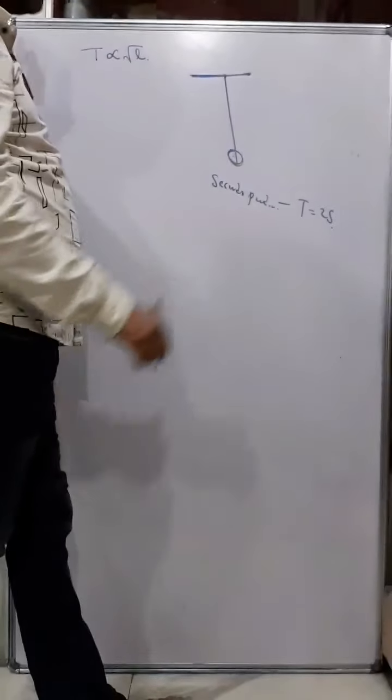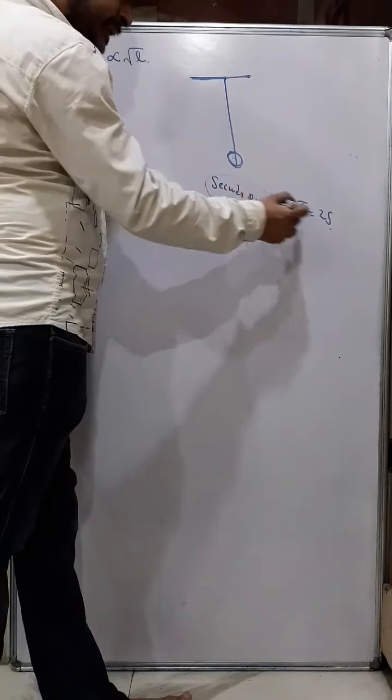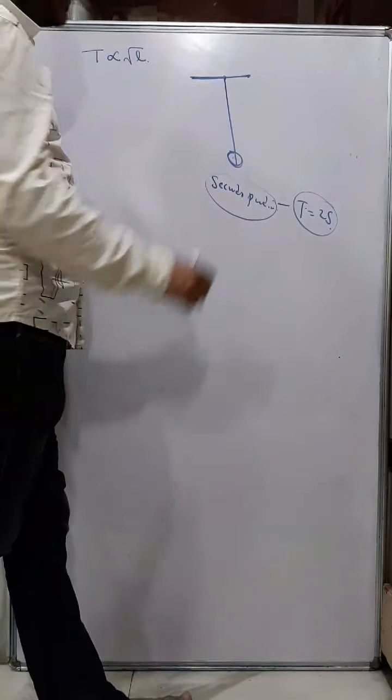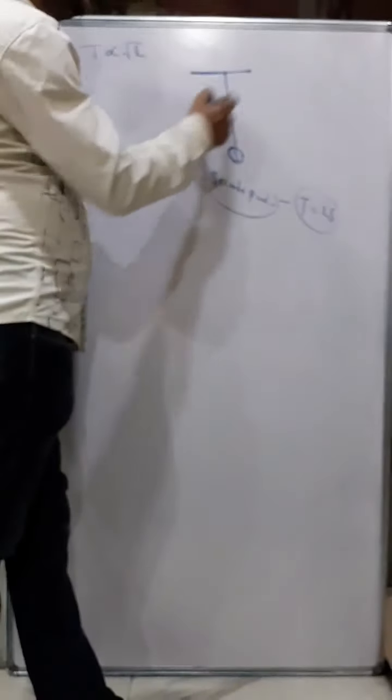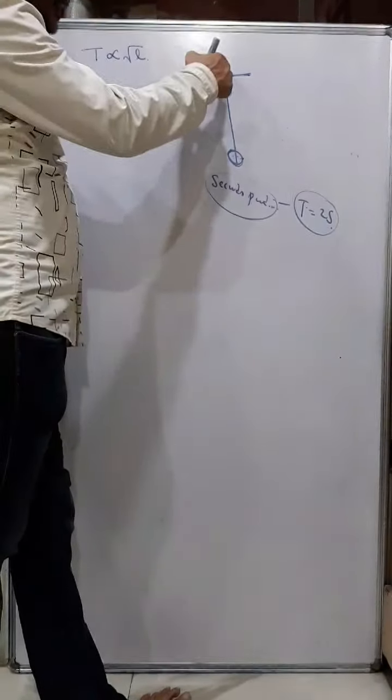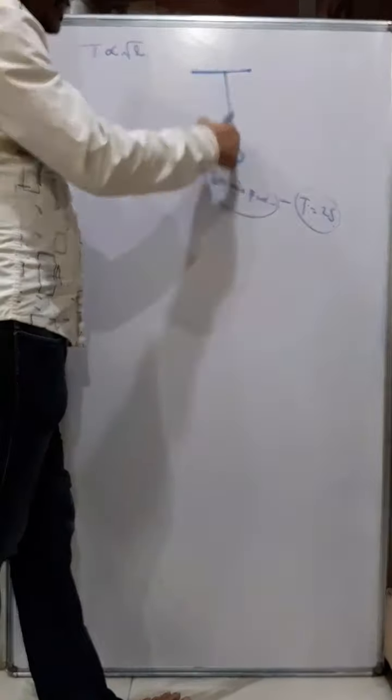So in a pendulum clock we have a seconds pendulum, so the time period of the clock is 2 seconds. That means it will complete one oscillation in 2 seconds, and half an oscillation in 1 second. And with this oscillation, the needle is set. The minute hand.